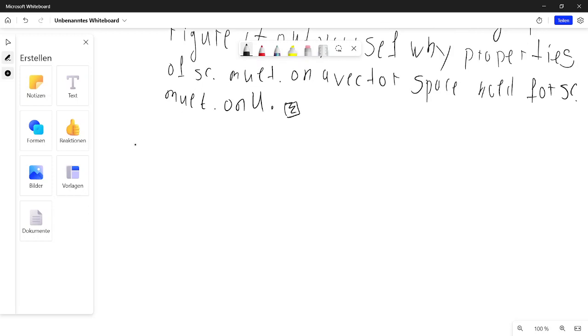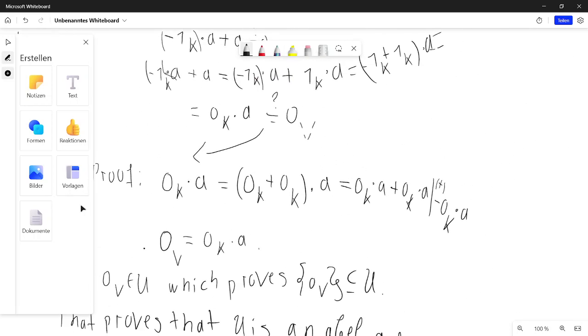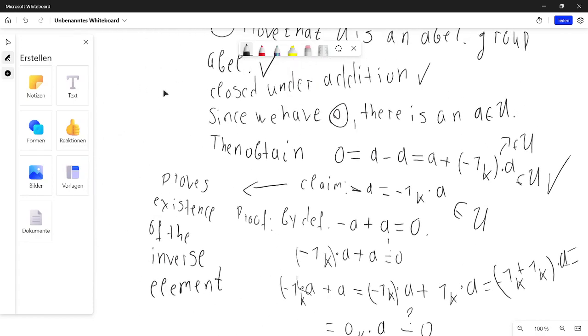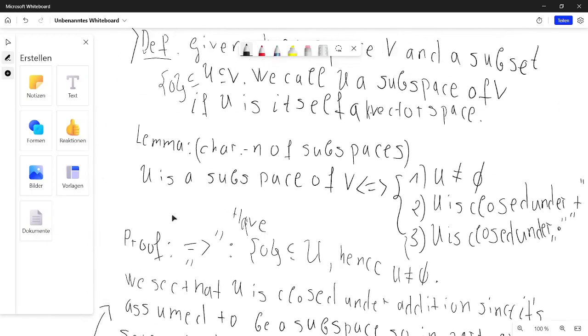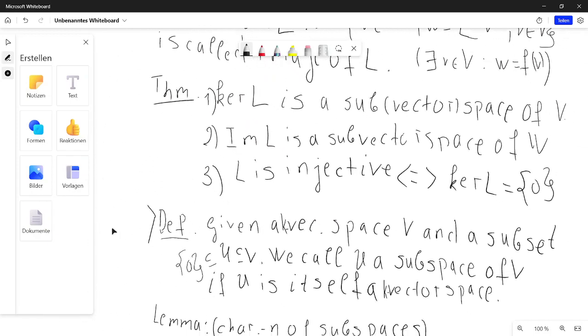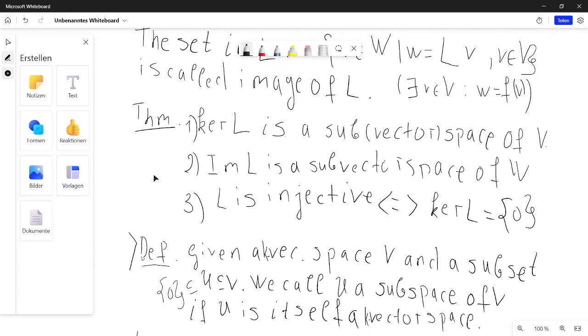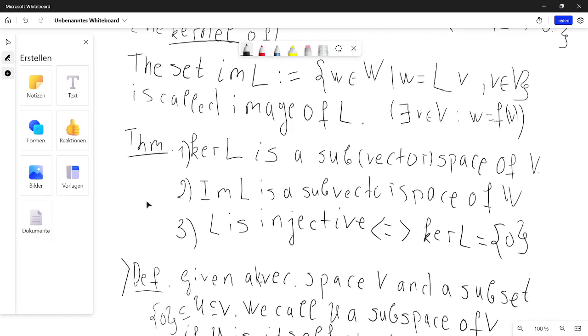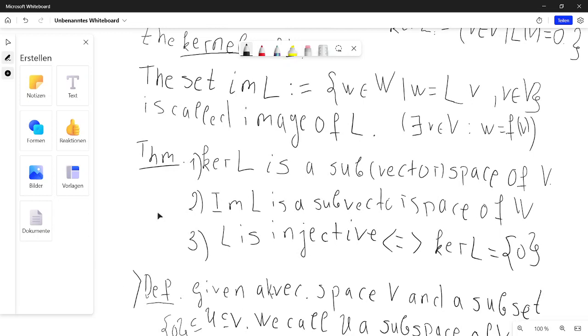Right, now we go back to our theorem, and we actually wanted to prove more advanced things, if you can call that advanced. We wanted to prove that kernel L is a subspace of V, image L is a subspace of W, and that L is injective if and only if kernel L is the zero vector.